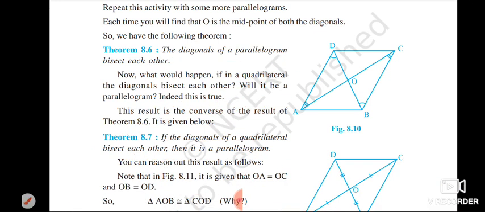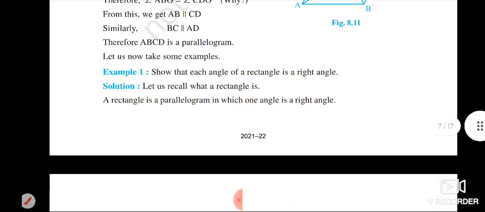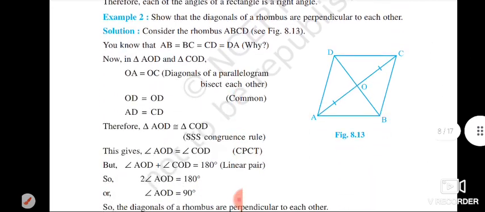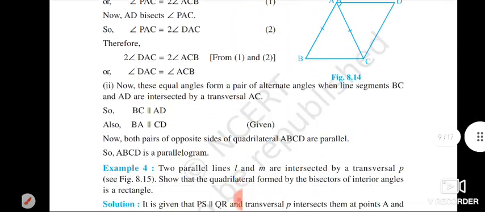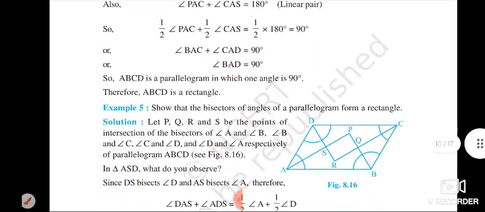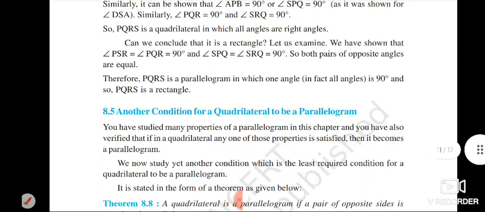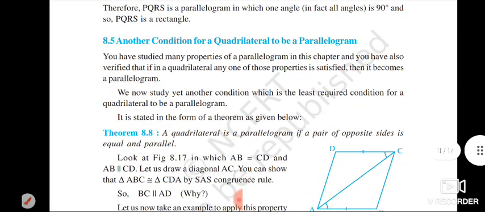Then next is theorem number 8.7: if the diagonals of a quadrilateral bisect each other, then it is a parallelogram. Again, if we are having any quadrilateral and in that the diagonals are bisecting each other, then that quadrilateral will behave like a parallelogram. Then after, next is theorem number 8.8, on page number 145: another condition for a quadrilateral to be a parallelogram.